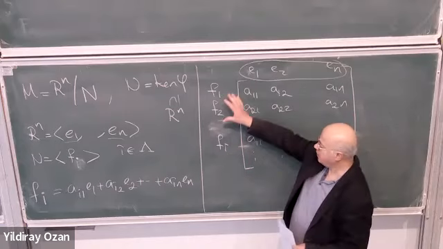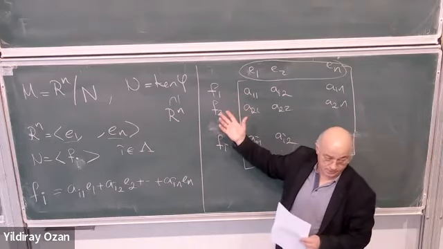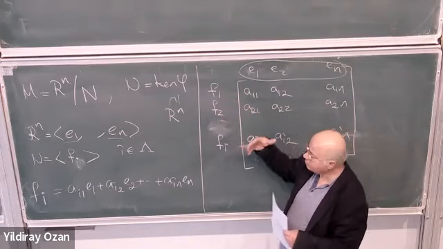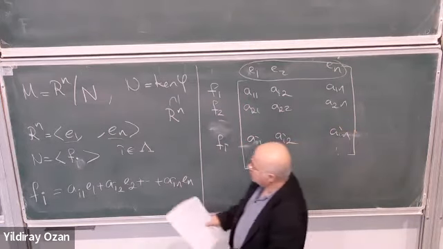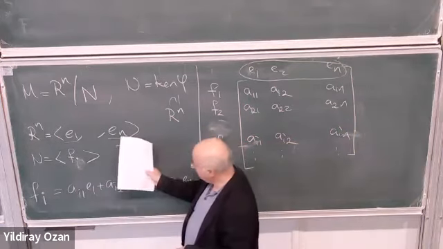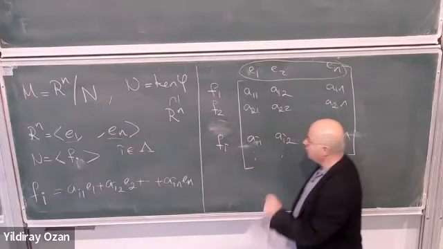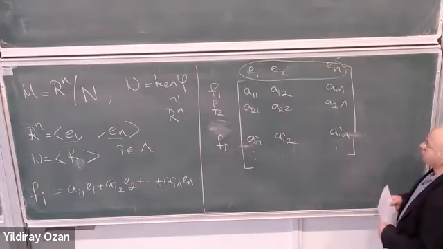These Fi's are not necessarily a basis. Okay, they are just some generators of the submodule, but E1 to En are a basis for the free module.